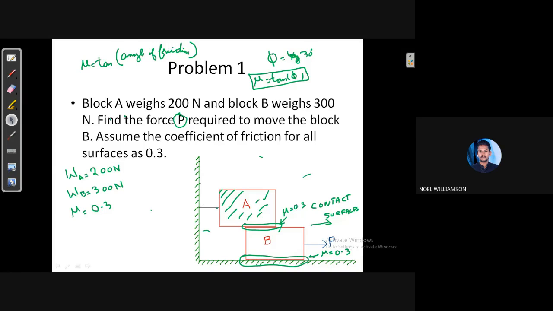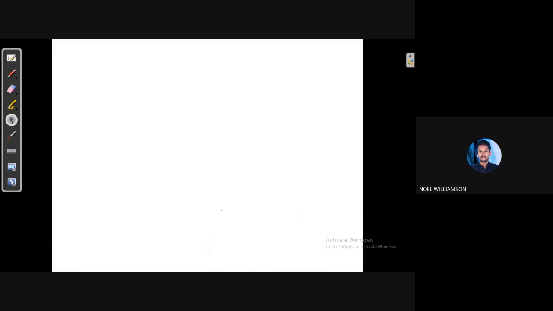So there will be a tension force in this string, and the tension is always acting away from the object, right? So there will be a tensile force T acting in this particular direction.